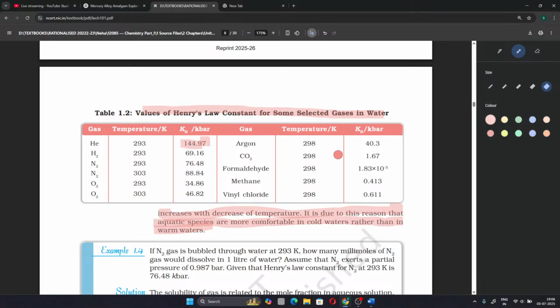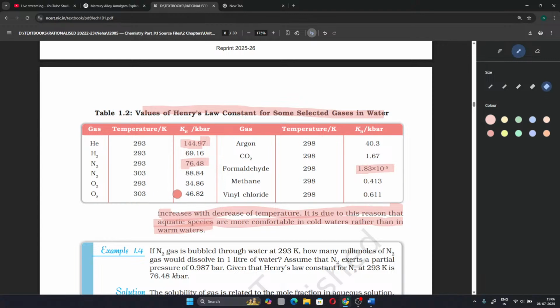The highest solubility we see is in formaldehyde, HCHO, which has the lowest KH and is the most soluble in water according to this table. H2 is somewhat soluble, and N2 has a relatively higher KH value and lower solubility compared to H2.